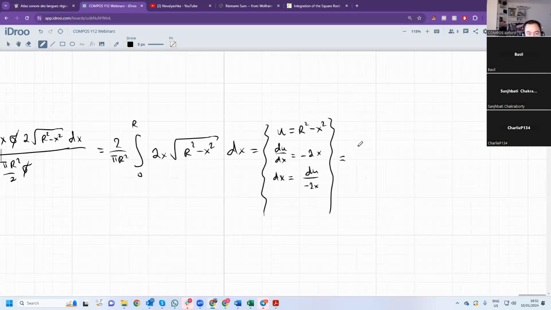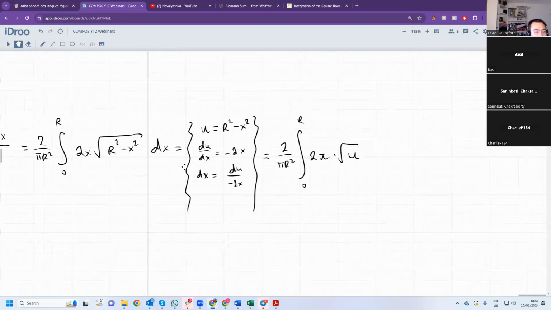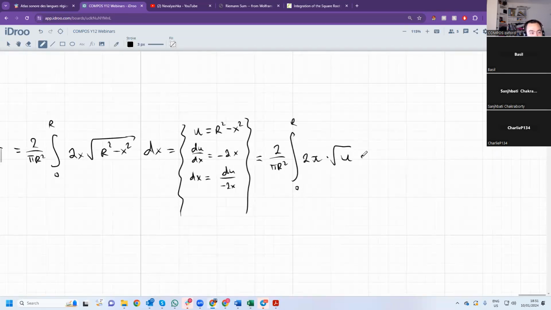We sub that in. So 2 divided by pi r squared, integral from 0 to r, 2x multiplied by square root of u multiplied by dx, which is du divided by minus 2x. Beautiful. Cancel, cancel.